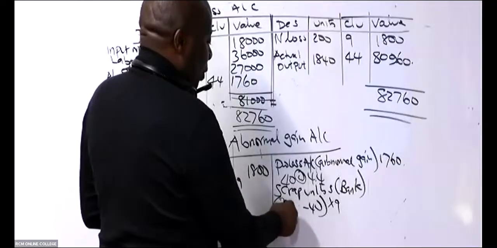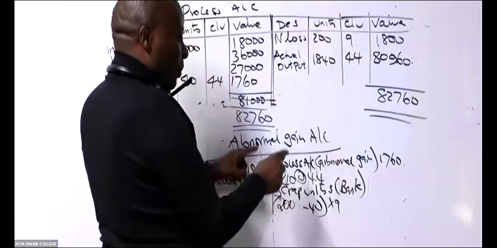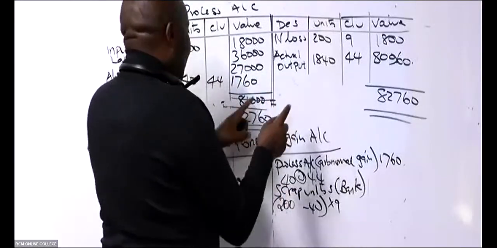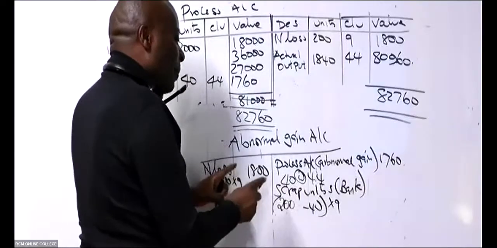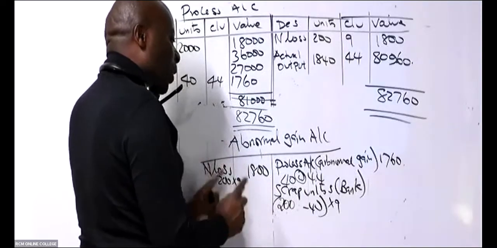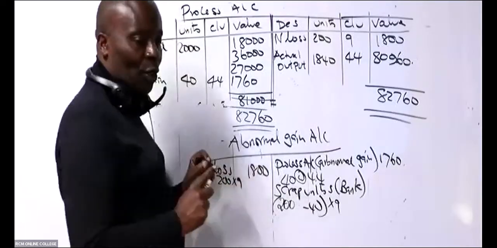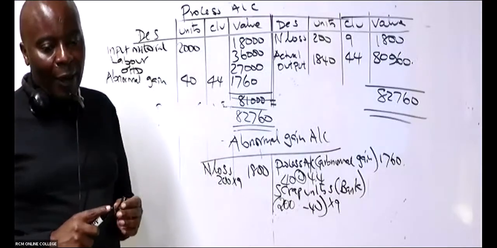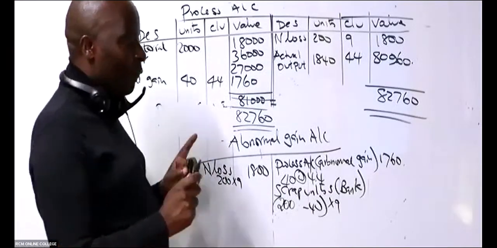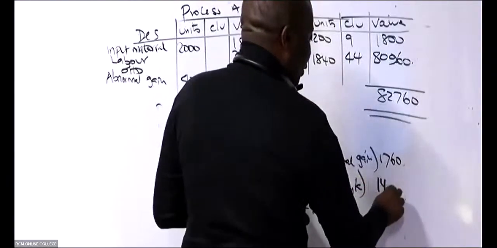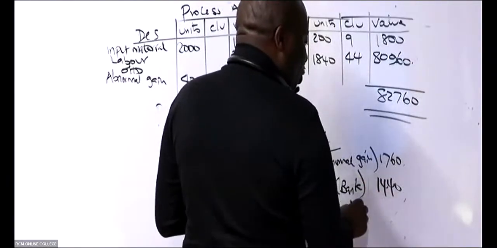Remember, these are units. 200, but we saved 40. So then 200 minus 40, whatever answer you get, times 9. That is what we shall be able to receive in our bank, which gives us 1440. Like that.